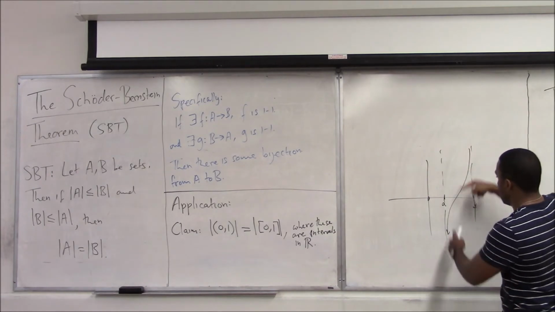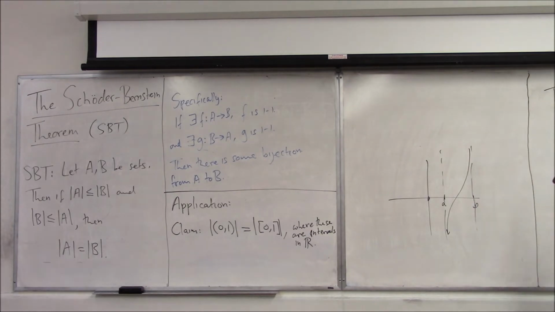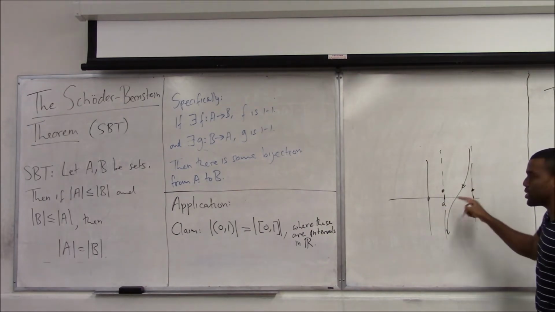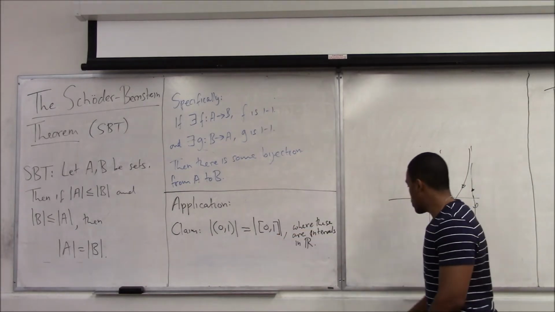But since that function has to extend from negative infinity to positive infinity, it's kind of hard to get the endpoints in there. You kind of have to create a gap somewhere and show that you're not changing the size, and that's kind of difficult to do. So finding a bijective function from this to that is sort of difficult.